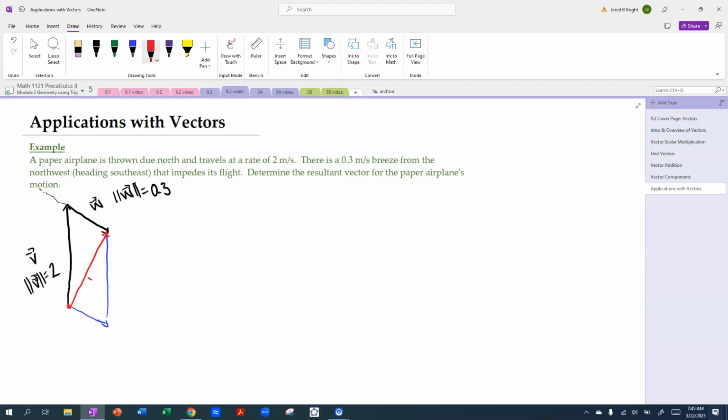But this is going to be the resultant, and I'm going to call it R for resultant. And that would be the actual path that the plane follows because of the wind that is being applied to the paper airplane. So we want to know how much the magnitude is, and we want to know the direction. We want to know theta. So the direction is going to be a little tricky, but we'll get there. Let's go ahead and work on the magnitude first.